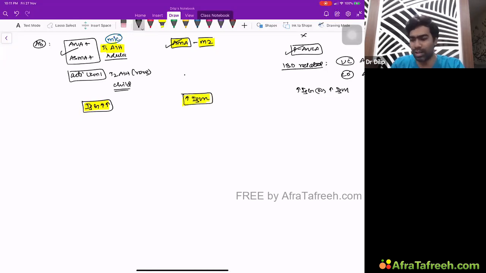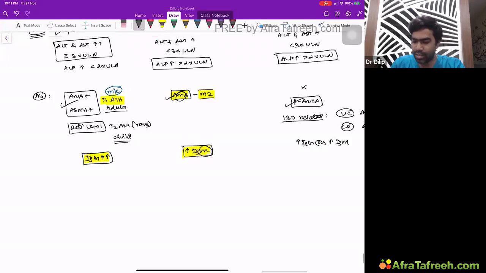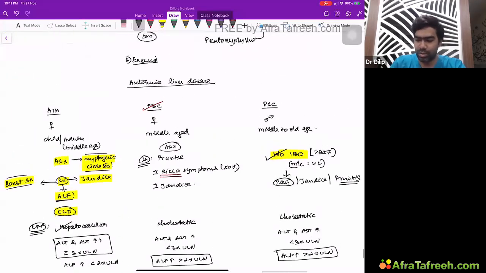So how to remember whether it is anti-mitochondrial antibody and IgM? It's very simple. I just remember by a simple mnemonic: PBC. That is, you have physics, you have biology, and you have chemistry. And the only thing that is left is mathematics. So you have PBC, maths. The only thing that is left is M. So that's why we think about AMA and IgM here.